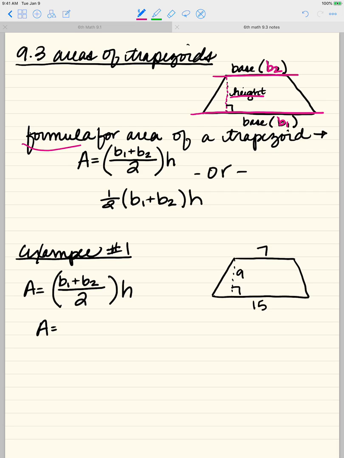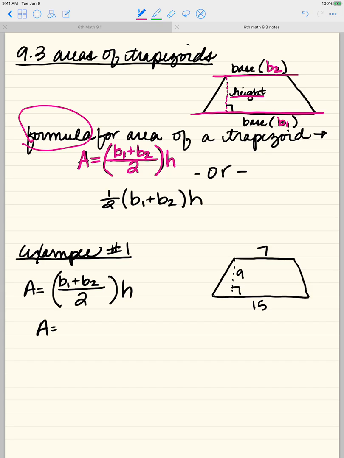Here is our formula for the area of a trapezoid. Area is equal to B1, so base 1 plus B2, base 2, divided by 2 times H, okay?